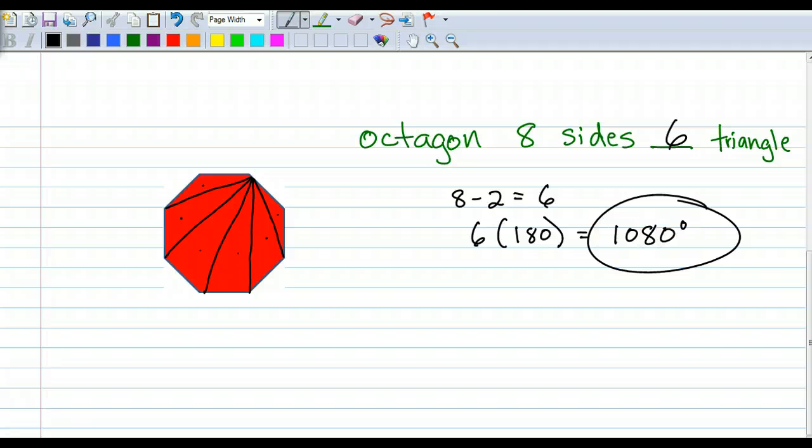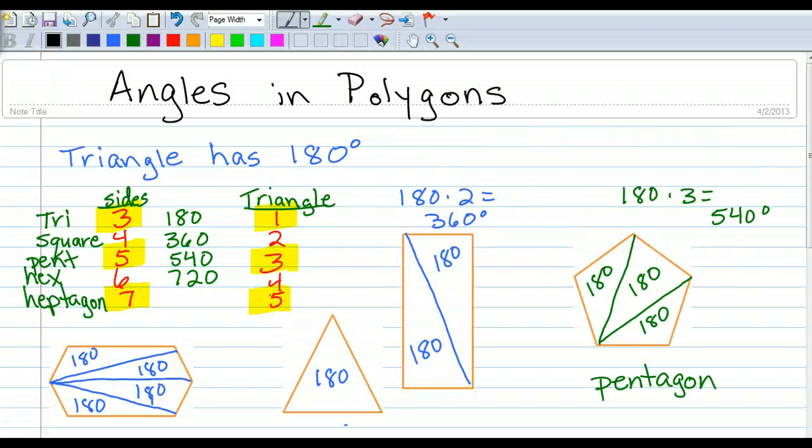Let's go back to our heptagon because I don't think we did that one. Okay, yep, I'm correct. We left that blank. So we can apply the knowledge of taking the number of sides, subtracting it by 2, then multiplying it by 180 instead of counting triangles.